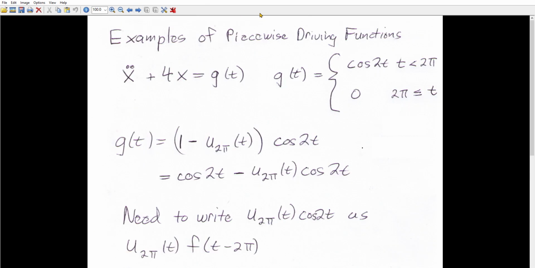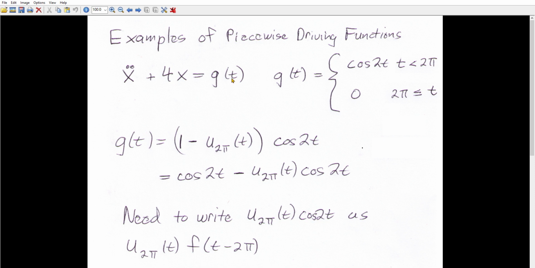So let's look at some examples where we have oscillators and the driving force is a piecewise continuous function. So let's look at x double dot plus 4x equals g of t. X double dot plus 4x describes an undamped oscillator.